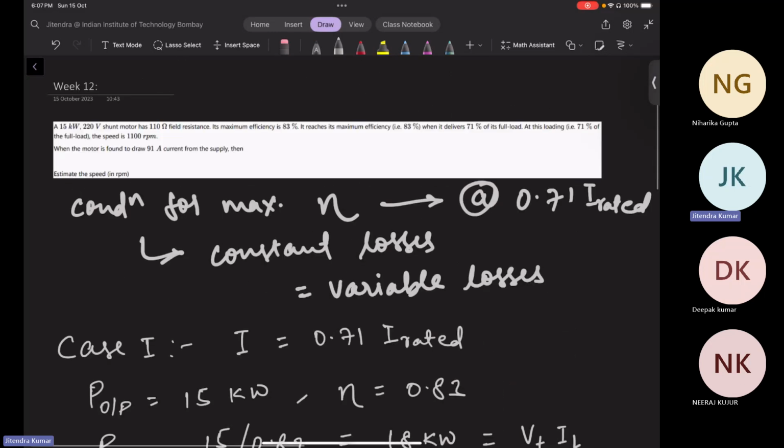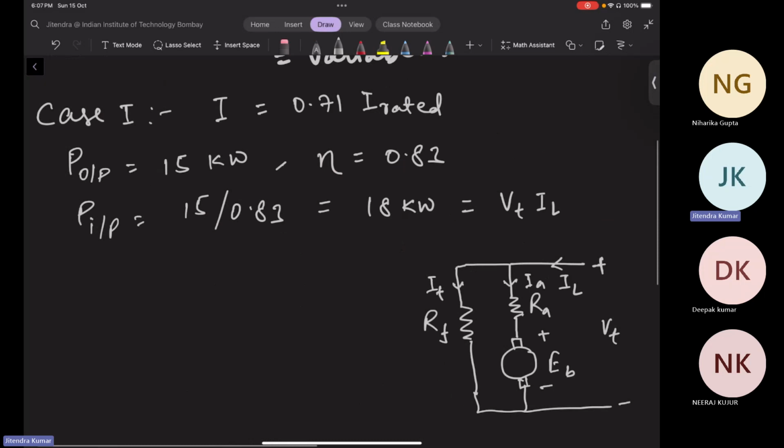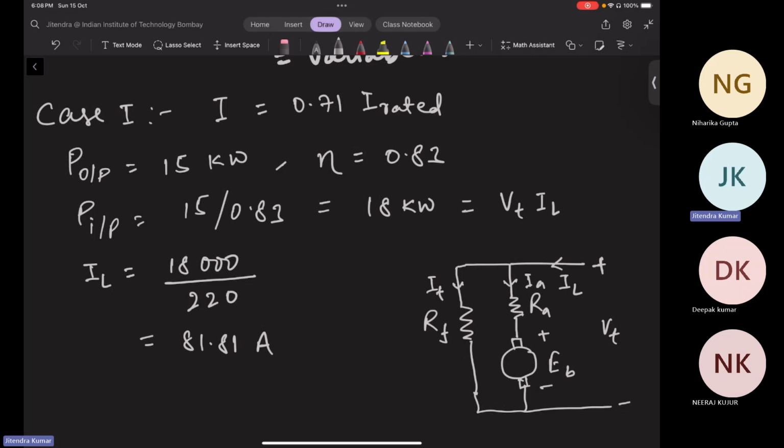VT is given in the problem, that is 220 volt. So IL we can calculate as 18,000 divided by 220. That will be 81.81 amps. Okay.